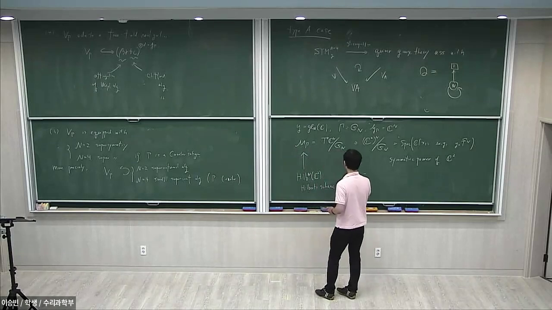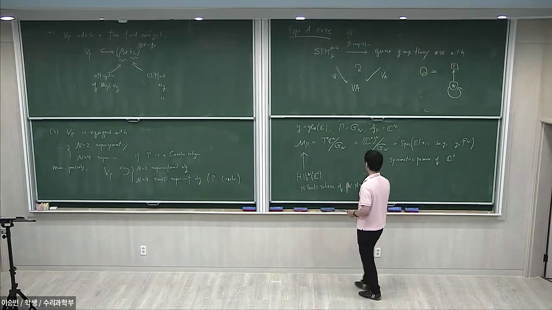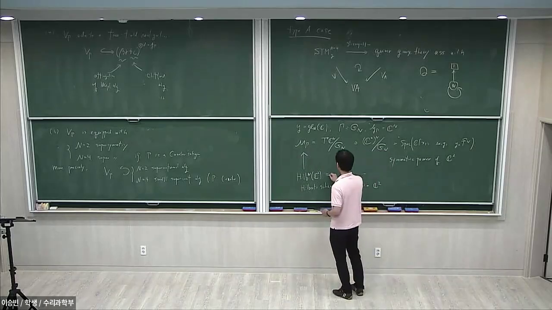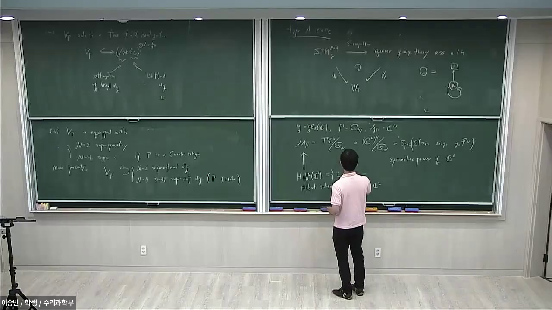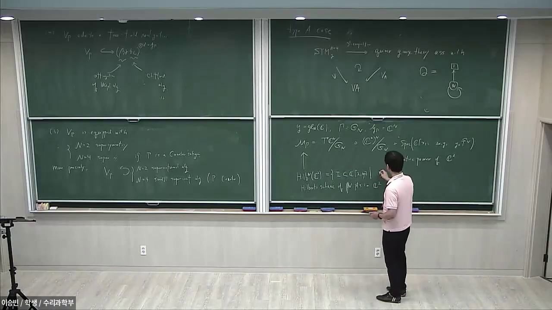As I said, this is very easy to describe. This consists of ideals in the polynomial ring of two variables whose codimension is n.